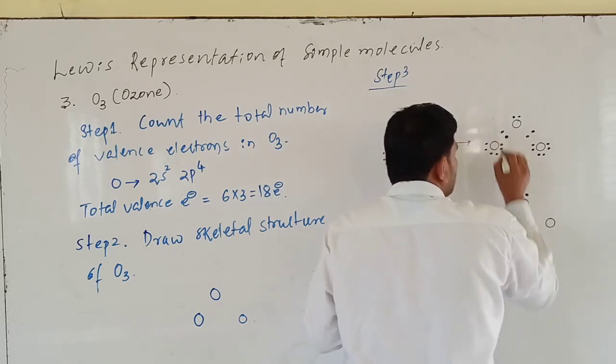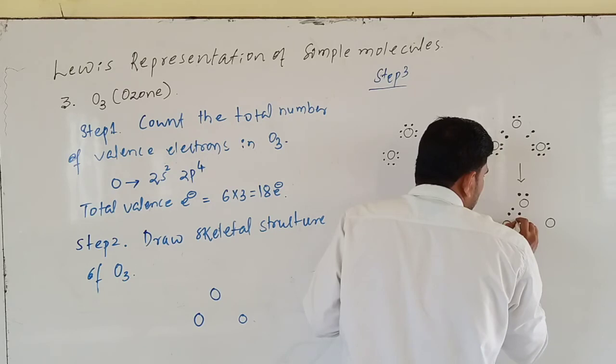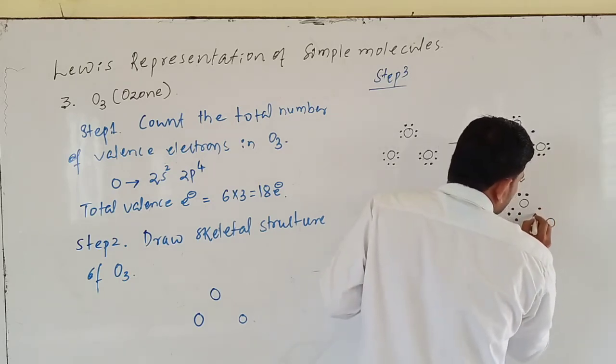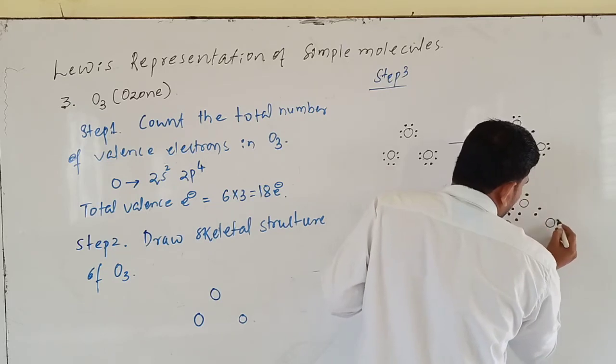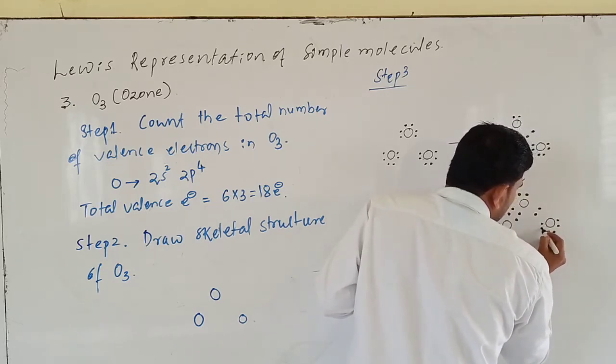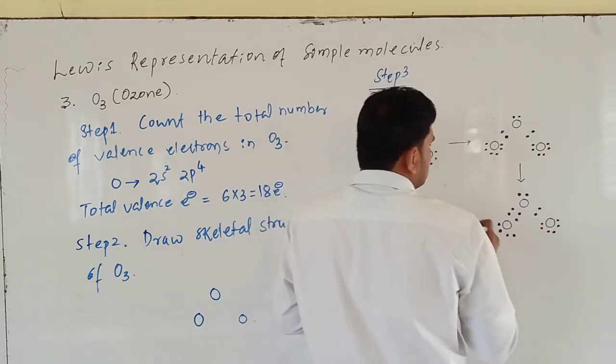I will say from this oxygen atom. Over here already 2 electrons are there, 2 more electrons from this oxygen atom. Over here 2 4 6. No need to share electrons from this one. Now just put shared electrons from this one.